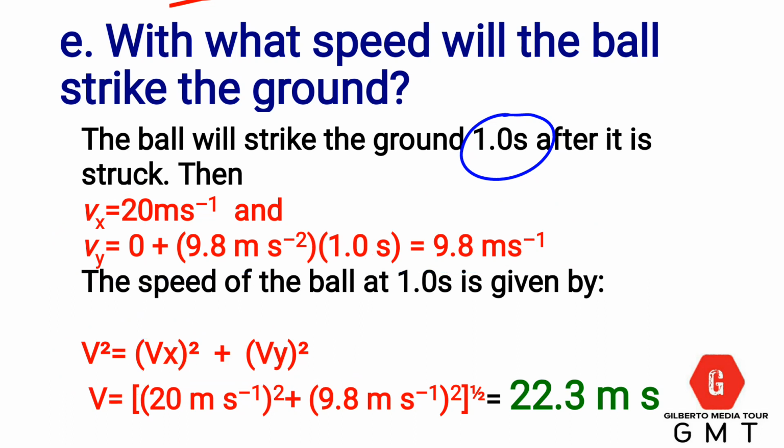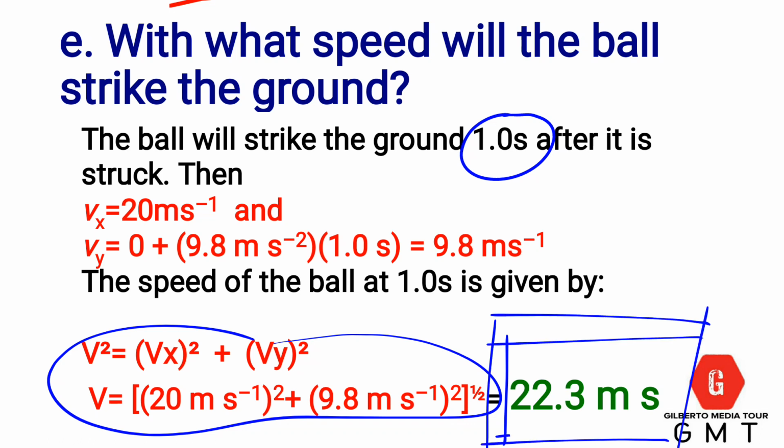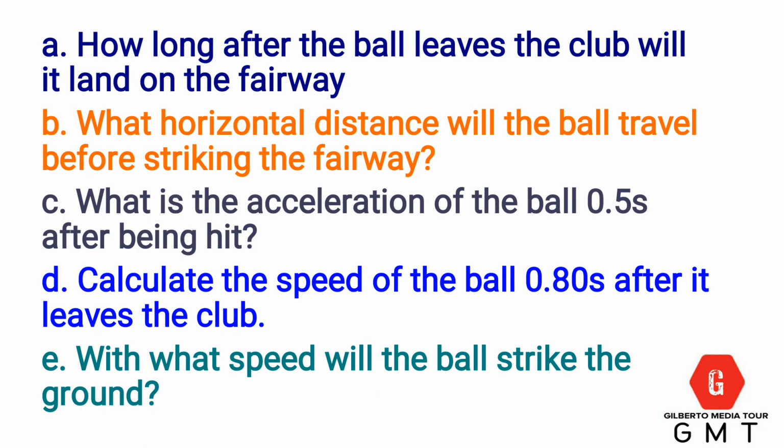So it is very simple and easy to get the velocity of the ball at this time. The velocity of the ball as it hits the ground equals 22.3 meters per second. Remember, we have seen this question, and it is very easy to get.